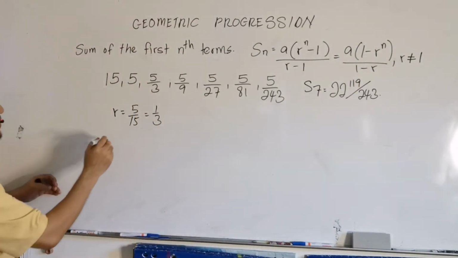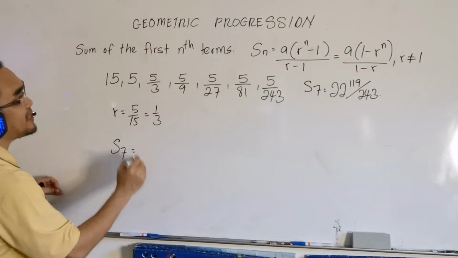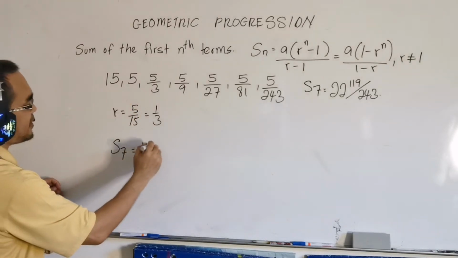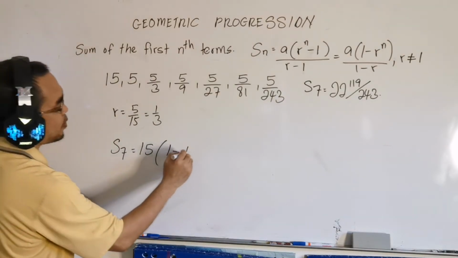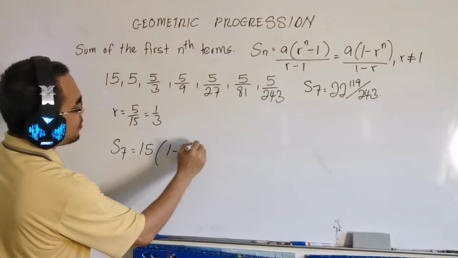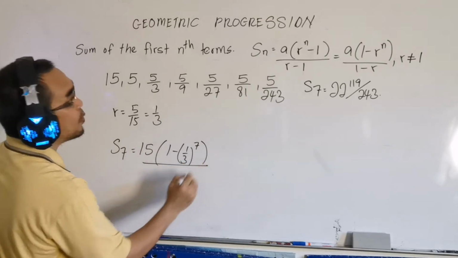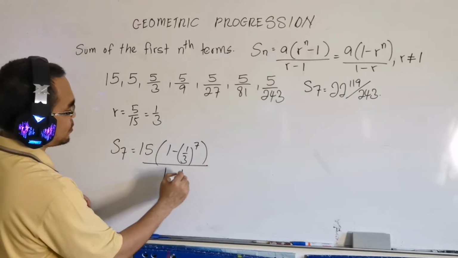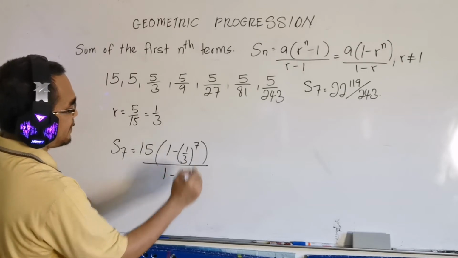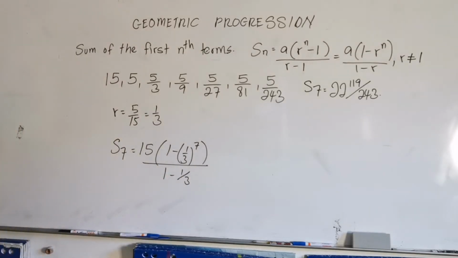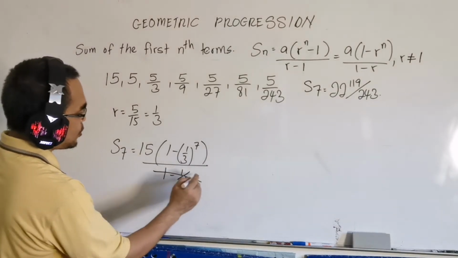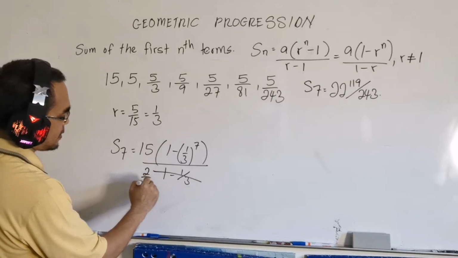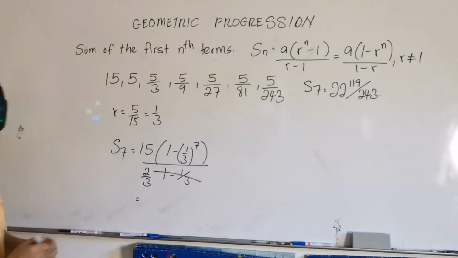So S7 is a, which is 15, times (1 minus (1/3) to the power of 7), over 1 minus 1/3. To simplify, 1 minus 1/3 will be 2/3.